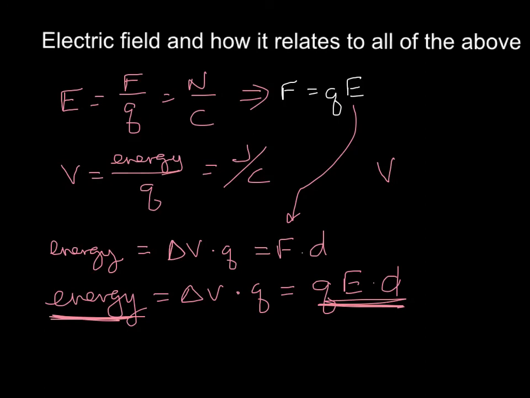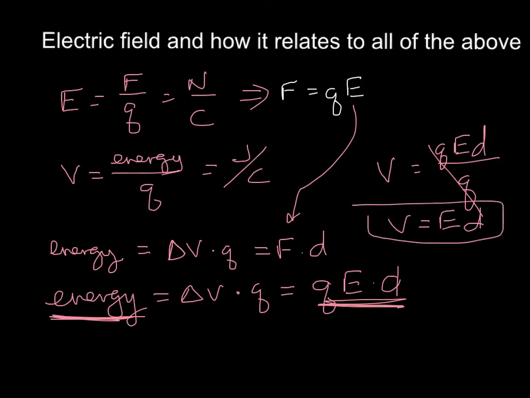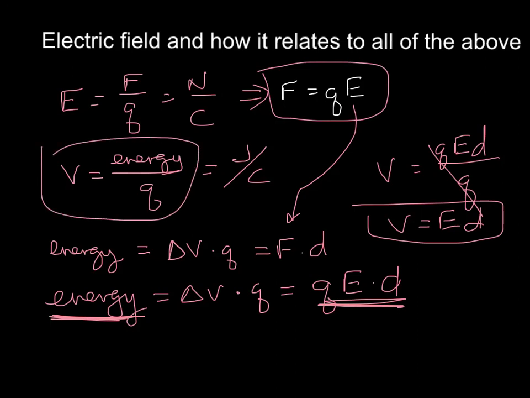Since our voltage is our joules divided by our coulombs, and our joules are QED, QED divided by Q, our Q's are going to cancel, so our voltage is also the electric field times the distance you moved it through. So a whole bunch of different ways to look at things.